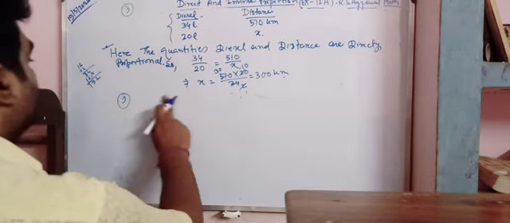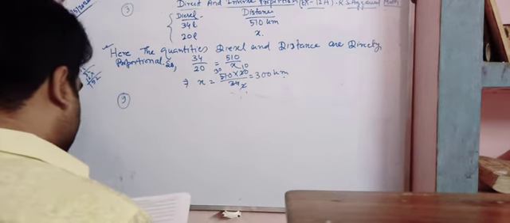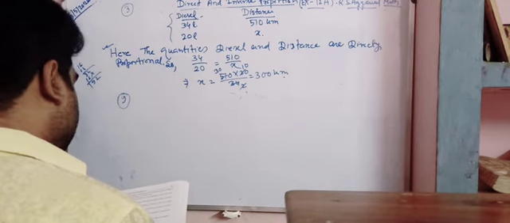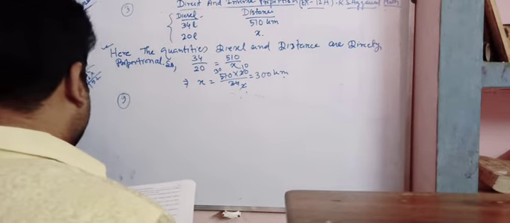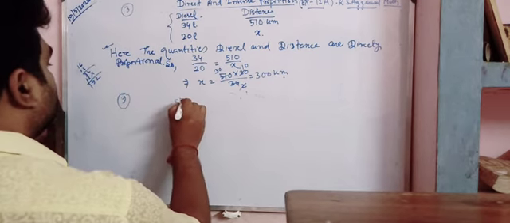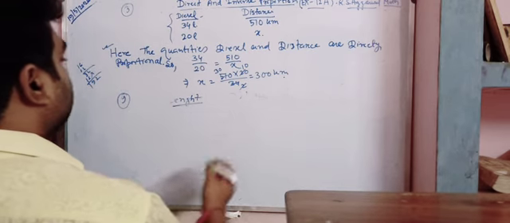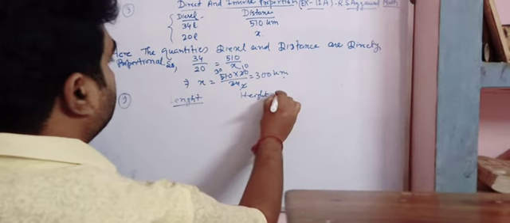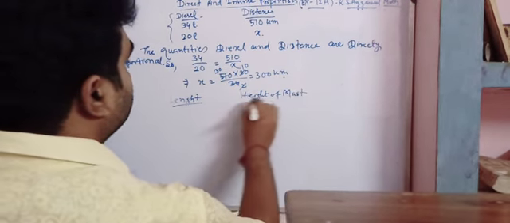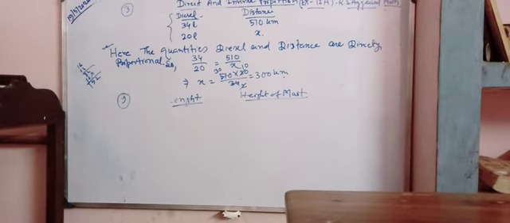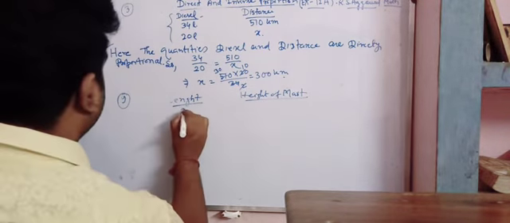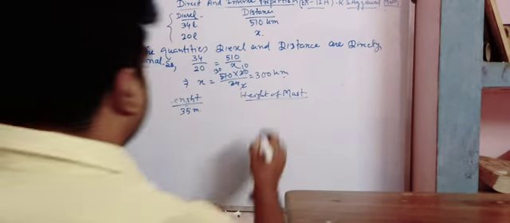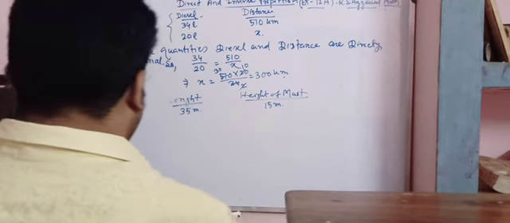Now for the model ship, the mast is 9 meter high. So we have the length and the height of the mast. Now for the actual ship, the length is 35 meter and the length of the mast is 15 meter.